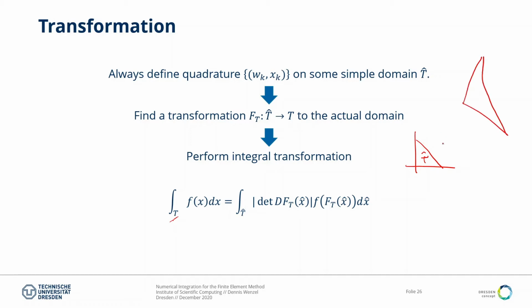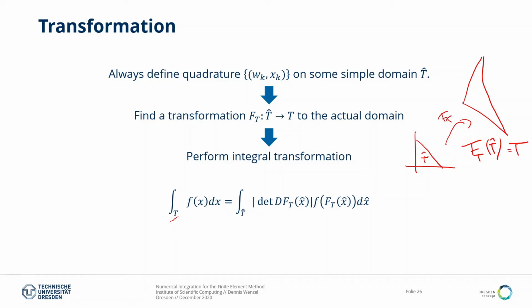And then you have given your function f_T mapping from here to there, such that if I would apply f_T to the whole domain T hat, I would simply get T.